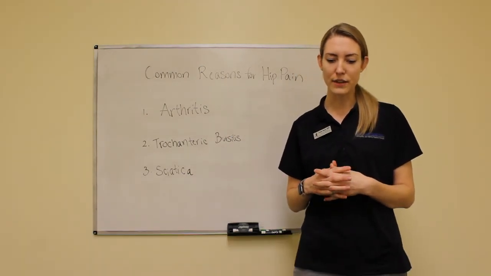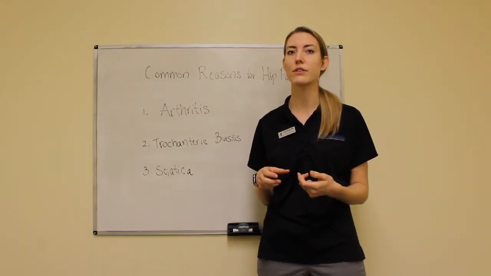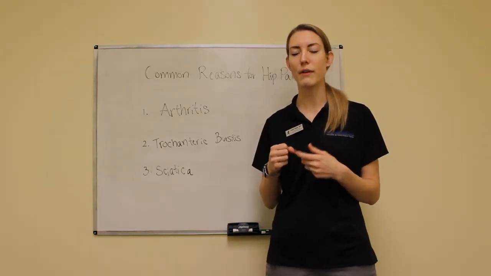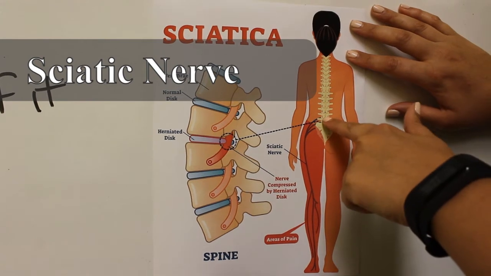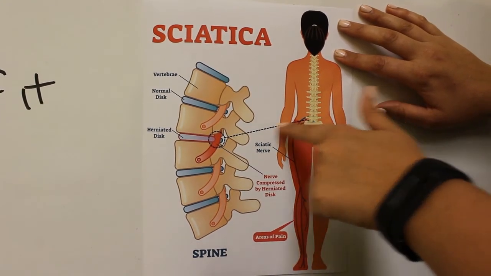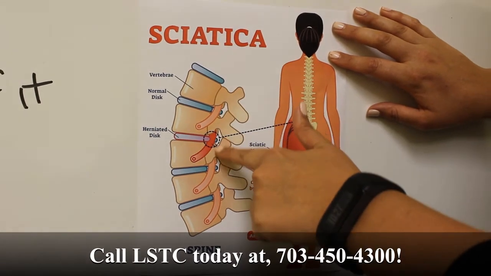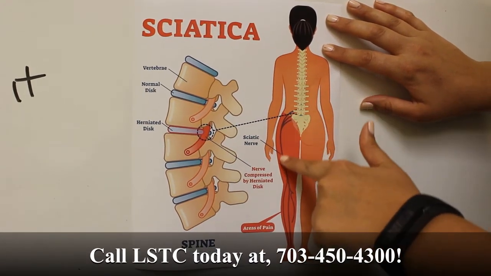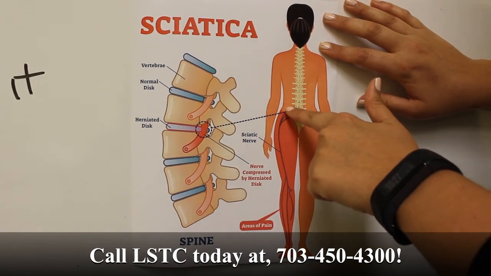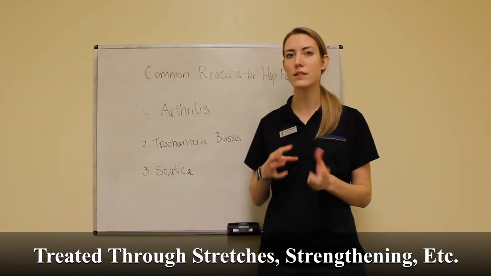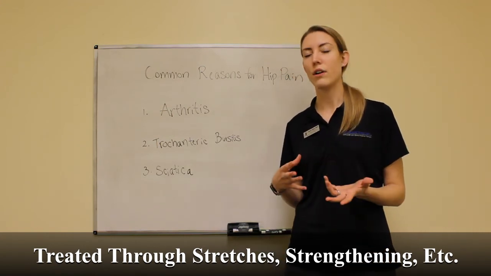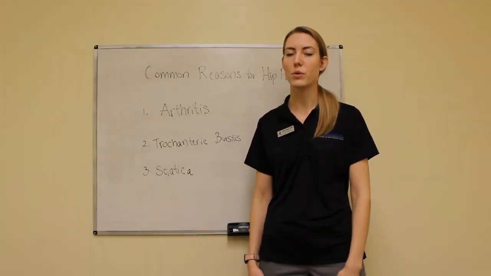And basically those tight muscles are compressing on your sciatic nerve, which is a huge nerve bundle that runs from your low back, down the back of your hip, and all the way down the back of your leg. And it can cause numbness or tingling or just pain right in that posterior hip region. So we treat this with stretches, something called nerve flossing, which kind of glides the nerve along the muscles, and then also strengthening all around the hip joint.